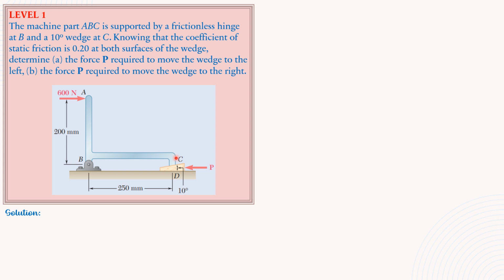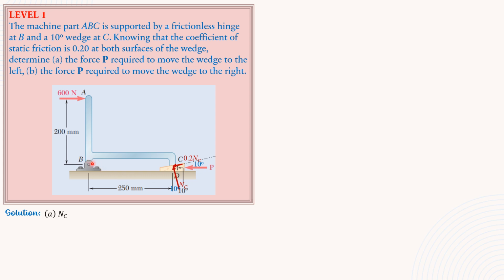So we have for the solution N sub C, then friction, which is, because P is required to move the wedge to the right, then friction should be down to the left, 0.2 of N sub C. Then remember that the angle here is 10 degrees. 0.2 N sub C makes 10 degrees with horizontal, and N sub C makes 10 degrees with vertical, as shown. So first, summation of moment about B.